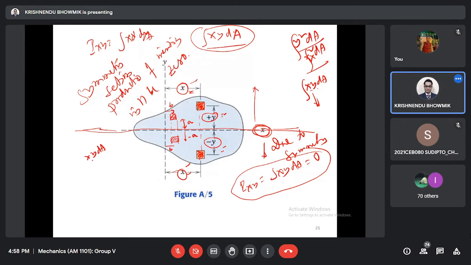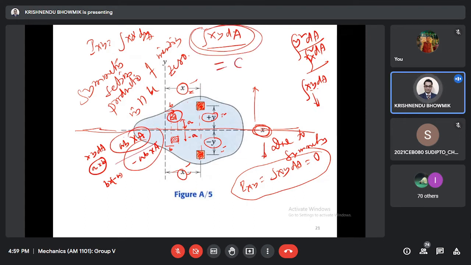So now it is A multiplied by B here, and here it is B multiplied by minus A. So it is AB and minus AB, multiplied by some value of A. So this integration is nothing but the summation, and once you do this summation, finally it will be 0.